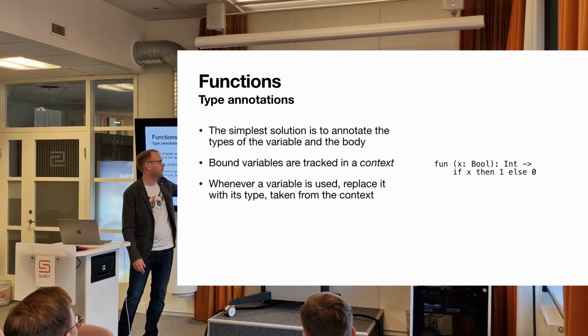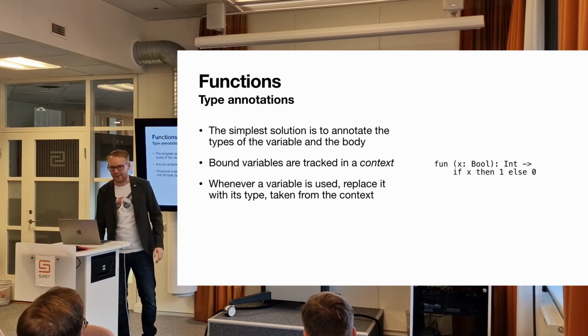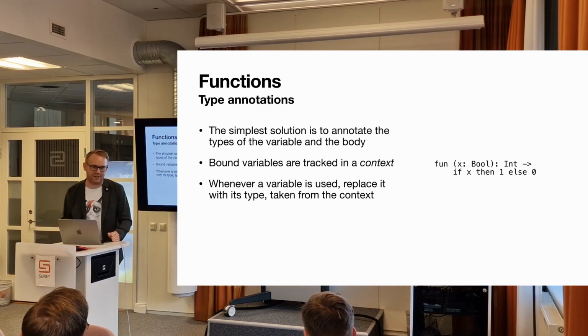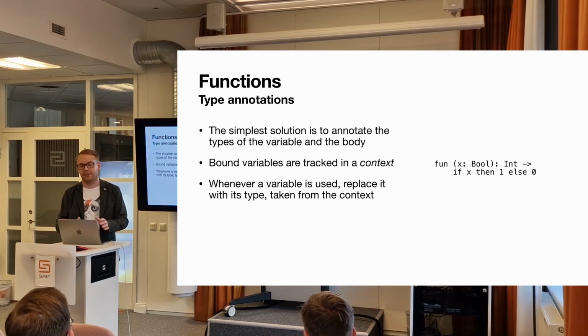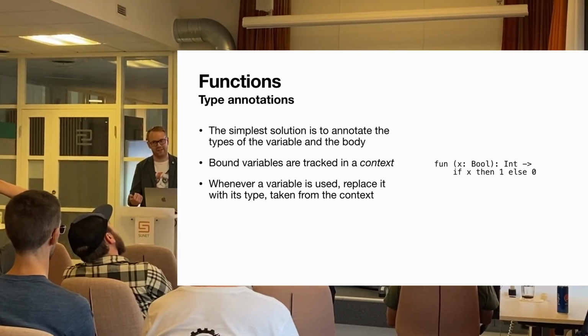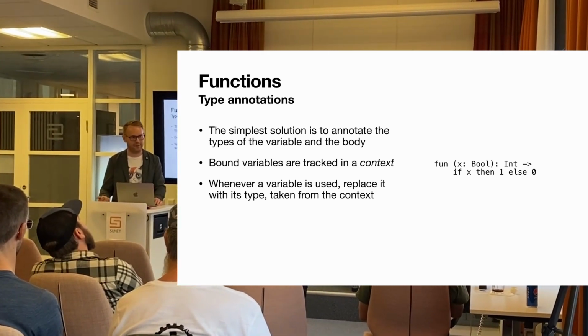And then you can see, does the body still type check? In that case, yay, it's well typed. That doesn't work for everything, but for the body you can use the same trick that you mentioned, just check what the return type is supposed to be.